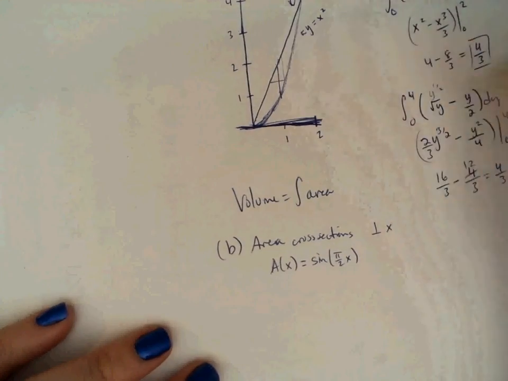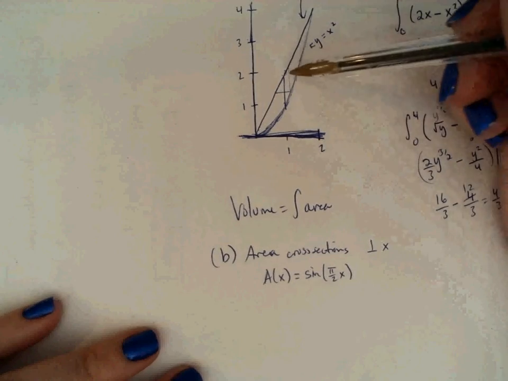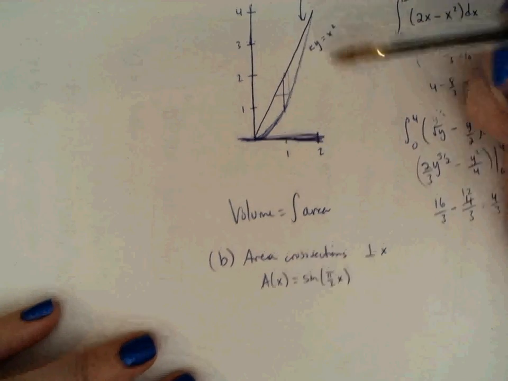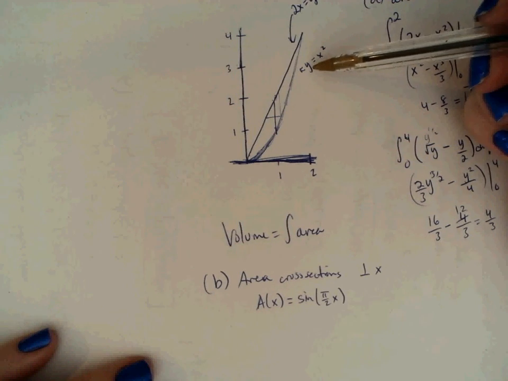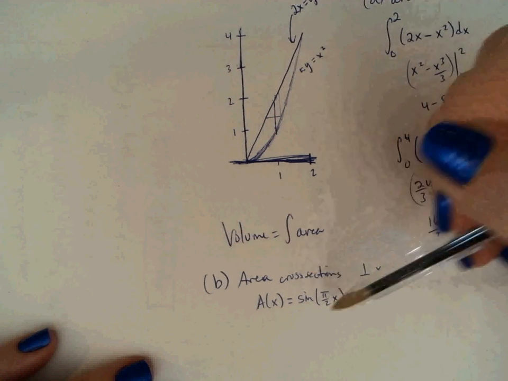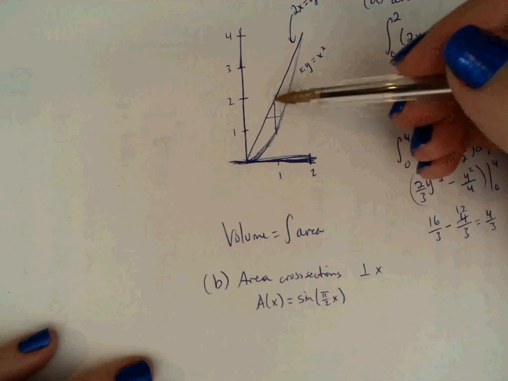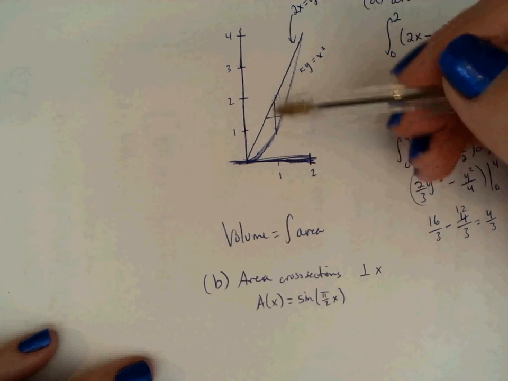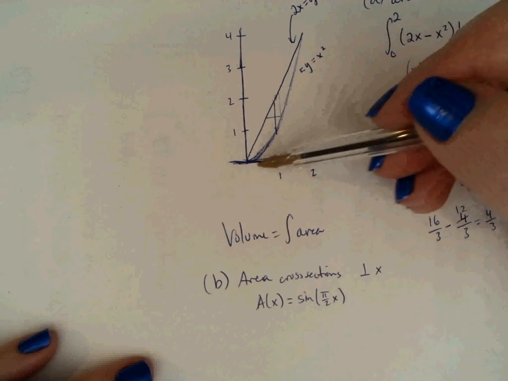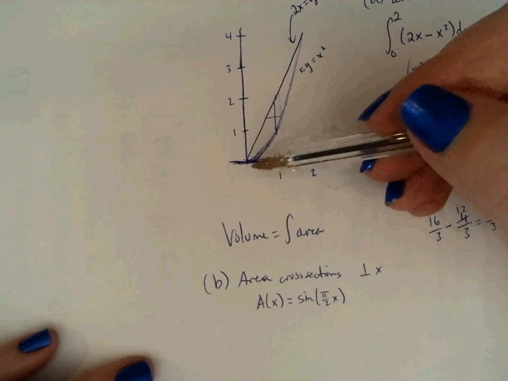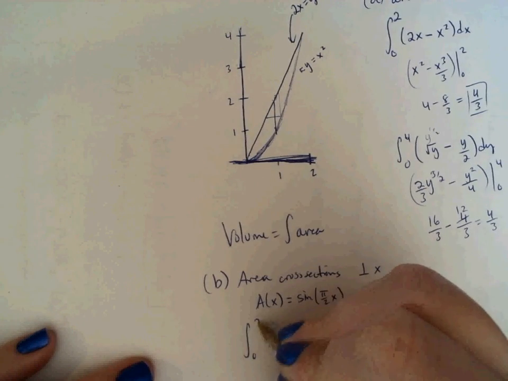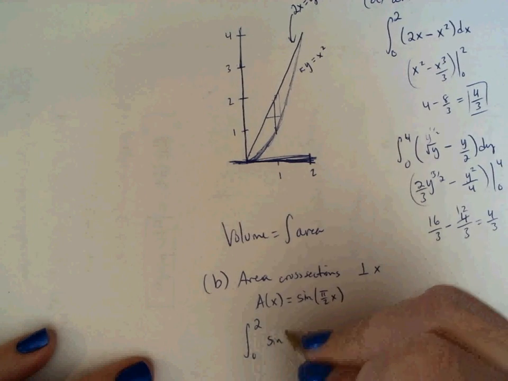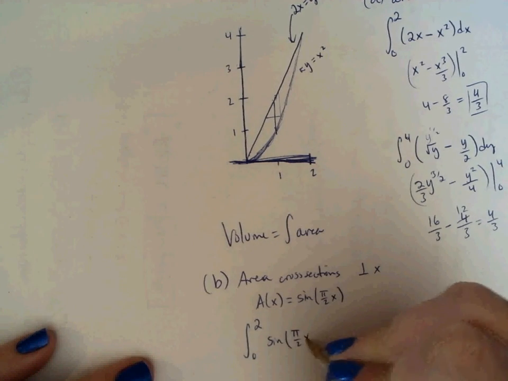But I don't actually have to worry about these functions, because all I have to use is the area formula. The only thing that the cross-section being perpendicular to the x-axis is necessary for in order to do this problem is to know to go from 0 to 2 and not 0 to 4. So this is the integral from 0 to 2 of sine of pi over 2x dx.